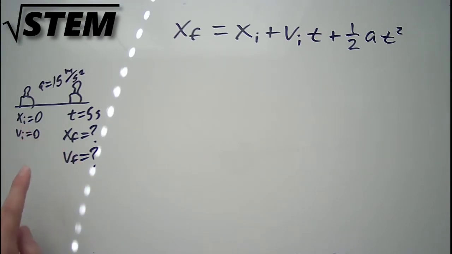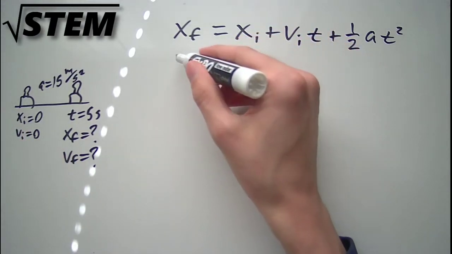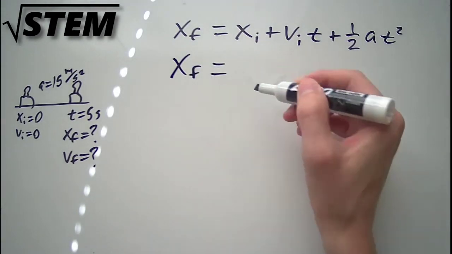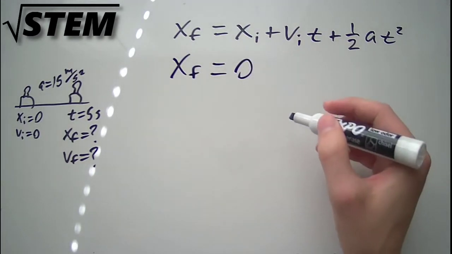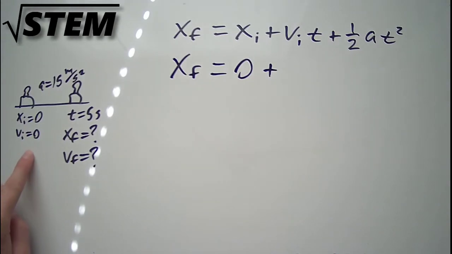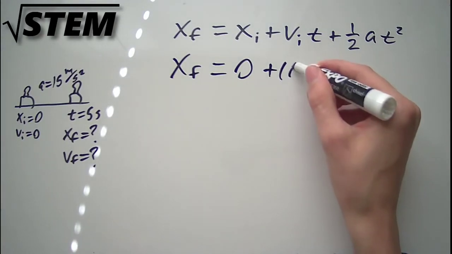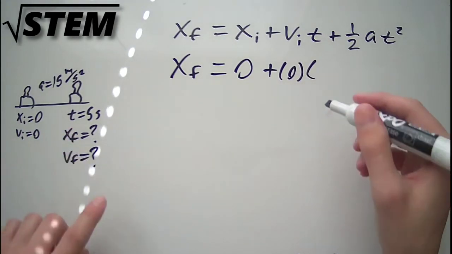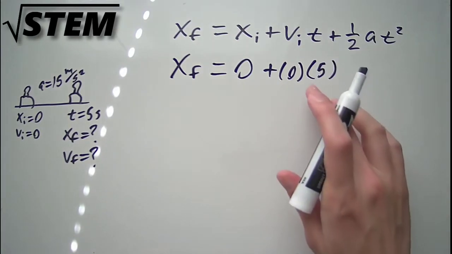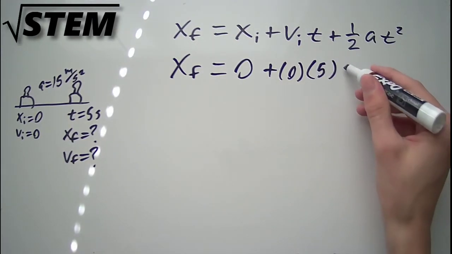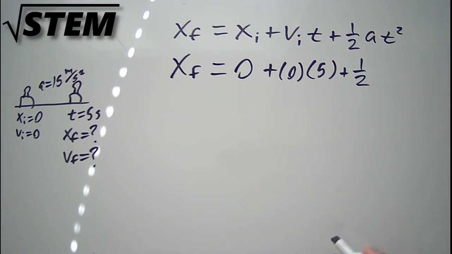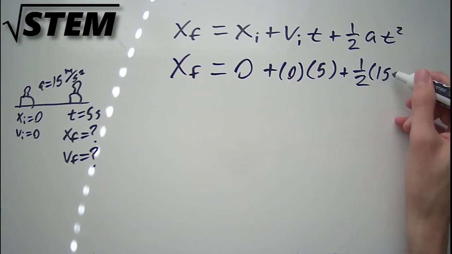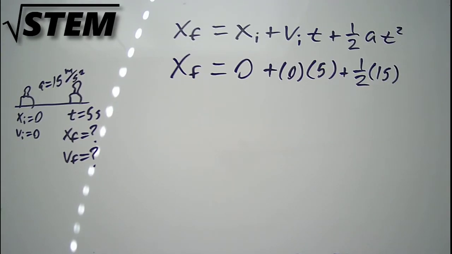X initial is 0, so when we rewrite this on the next line, we can say that x initial is 0, plus v initial is 0, so that's 0 times our time of 5 seconds. That won't really matter since it will just equal 0, plus 1/2 our acceleration, which is given to us, 15 meters per second squared, and then the time squared, 5 squared.